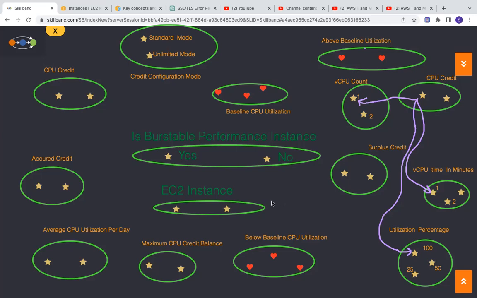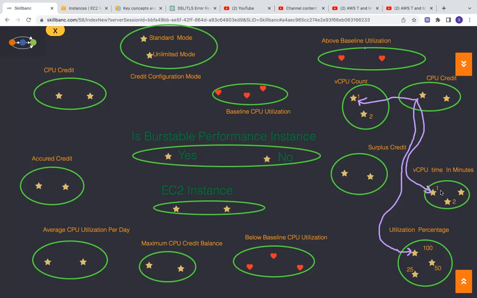Basically, you select that type of instance, T2 micro, T3 large, T4g 2xlarge, whatever the instance type, depending upon the minimum that you wanted.